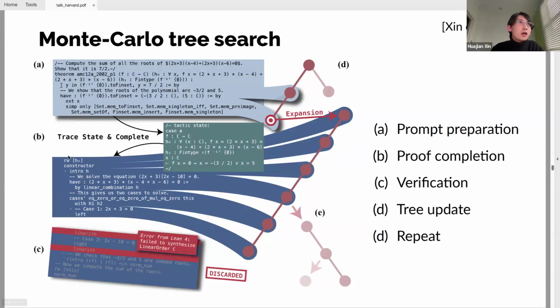For example, after applying the constructor, we will have a tactic state of two cases, right? And we continue to generate the following tactics. The first few will apply to the first case, and the later few tactics will apply to the second case, right? All of them are generated sequentially by the model.